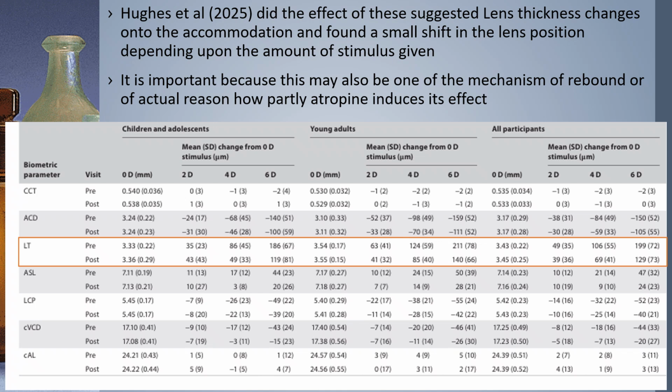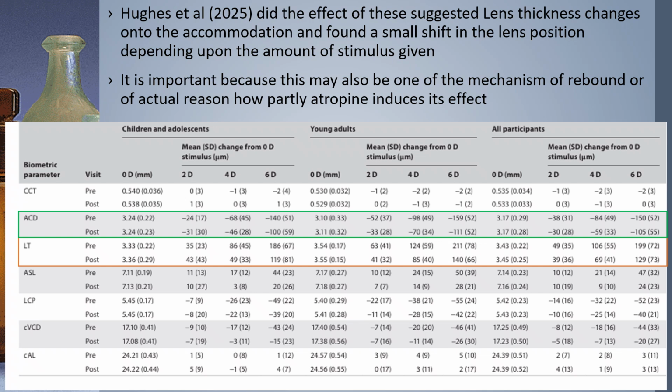Once you ask the patient to accommodate, the lens thickness did not increase as much as it should, because once you look for near and induce accommodation, the lens thickness should increase, but it was not able to. The point this study was trying to make was that the anterior chamber depth also did not change much, or rather, the lens was not able to move forward as much.